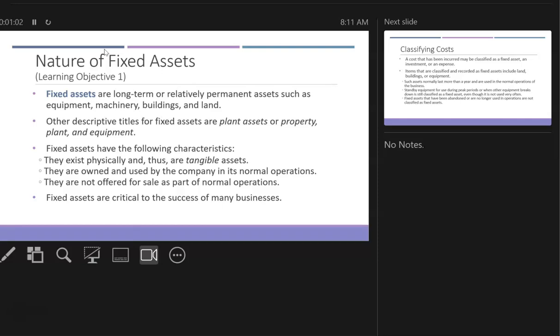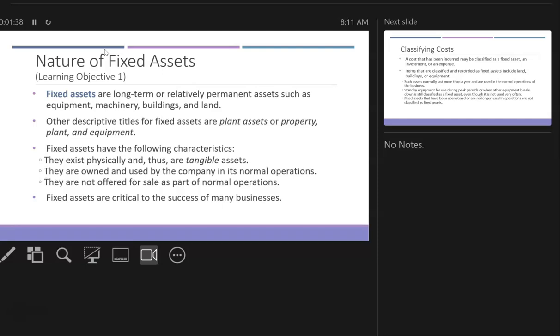So we know that certain companies may sell inventory that may be a building, or they may sell equipment such as tractors in their normal operations. That would not be a fixed asset to them. That's current inventory. So when you see a John Deere store that sells those assets, that's a little different.